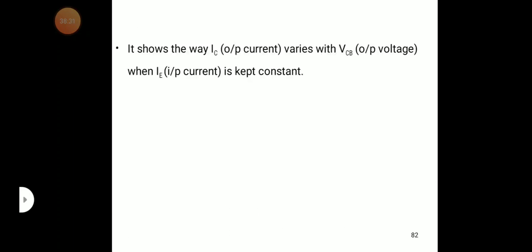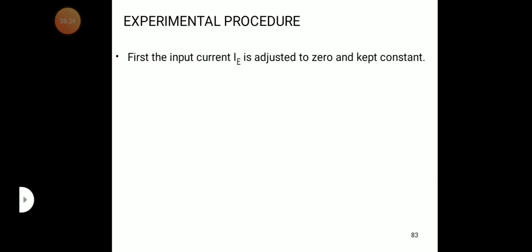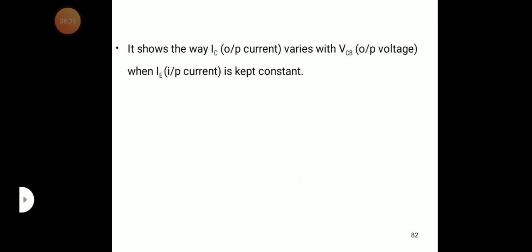You can see, how can we get this? It shows the way the output current IC varies with the output voltage VCB when the input current is kept constant.